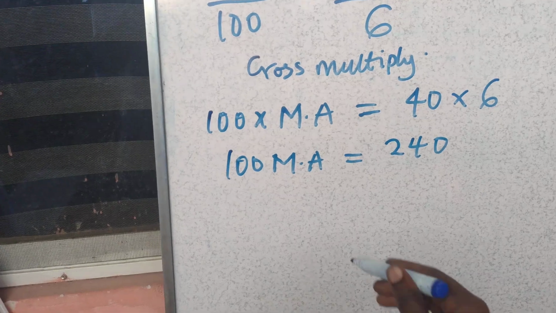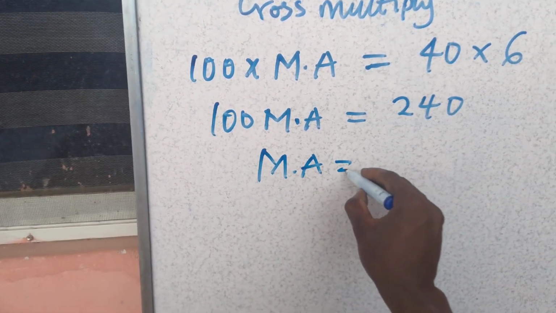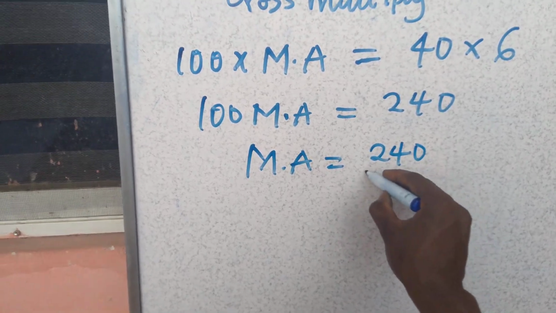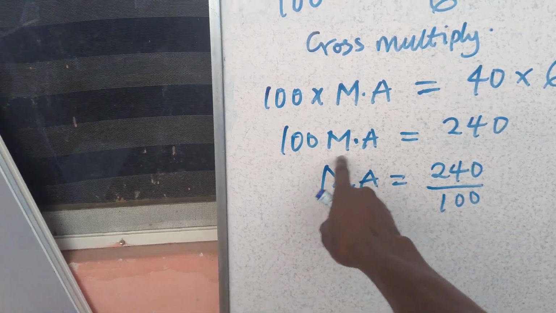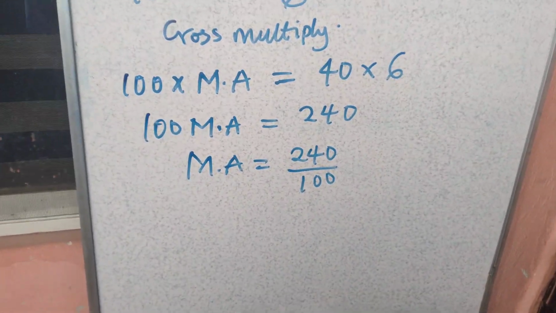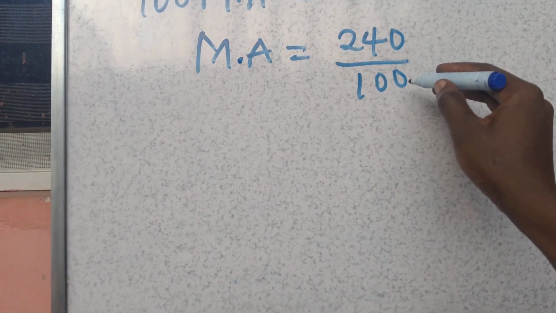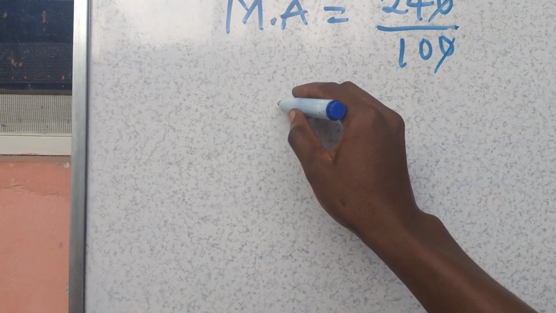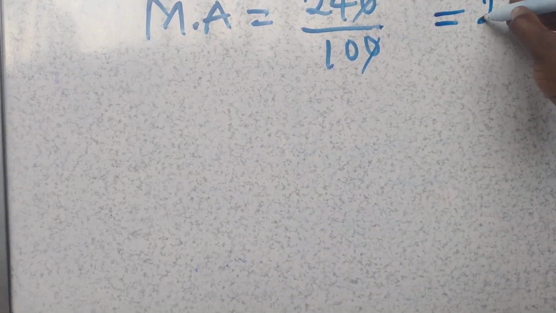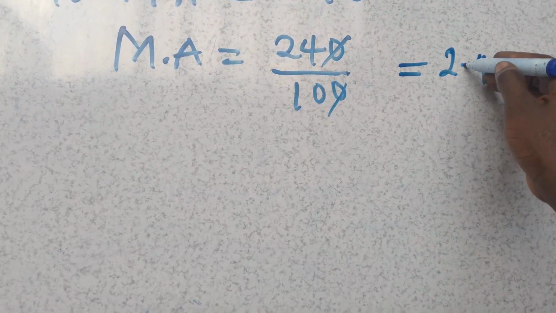Now if I divide by the coefficient of mechanical advantage, which is 100, I have MA equals 240 divided by 100. The zero cancels out zero, and I have that the mechanical advantage is equal to 2.4.